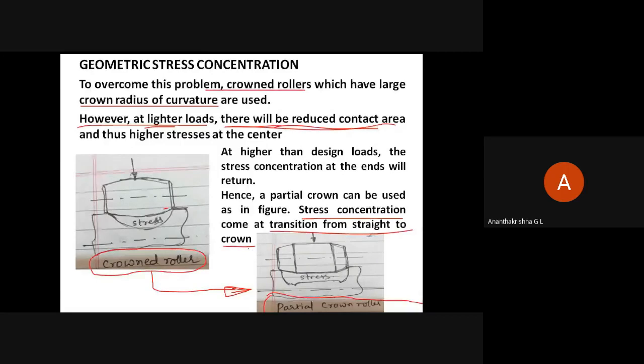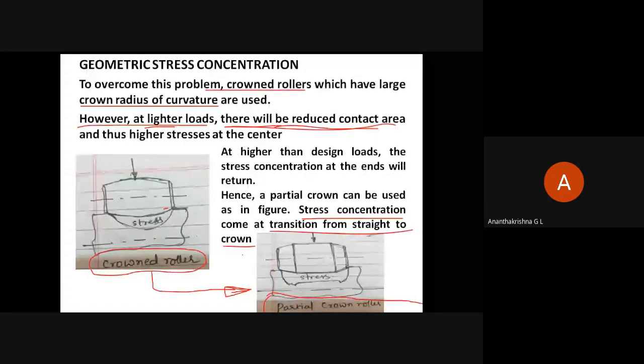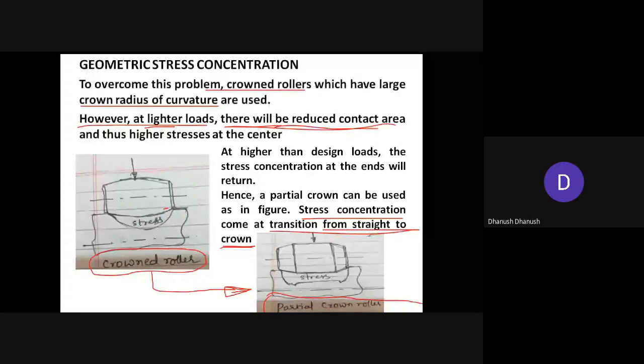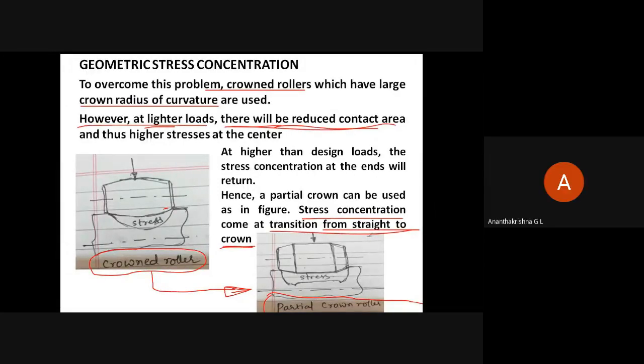You can understand it better. So stress concentration comes at the transition from where to where? From straight to crown, sir. Okay, that is at this junction. Correct? Yes, sir. Correct, Srinidhi?